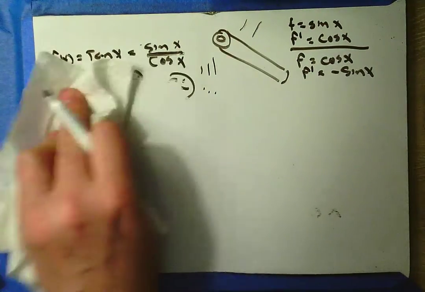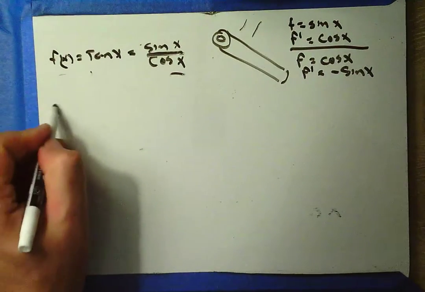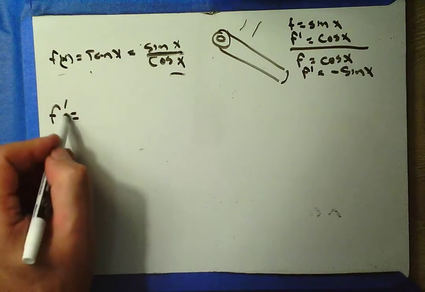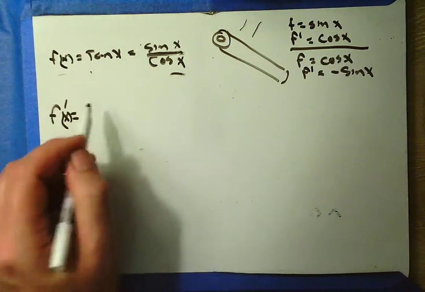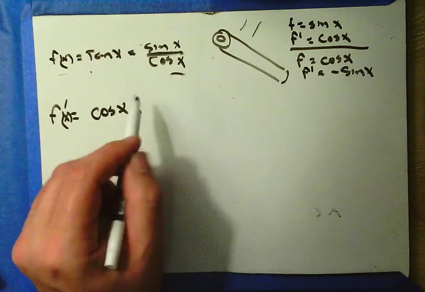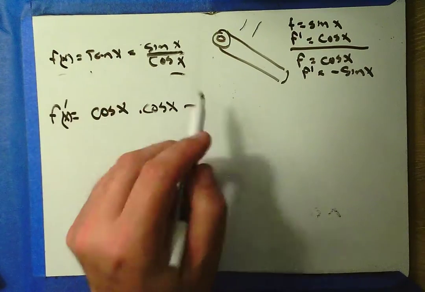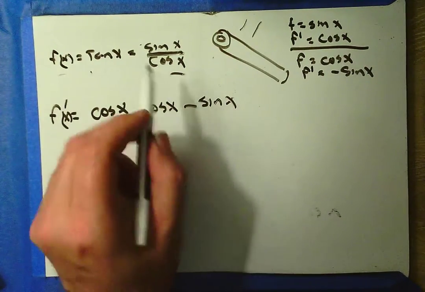Well, we use the quotient rule. So let's sing our little quotient rule song. F prime of x is going to be low d high, the derivative of this, minus high d low.